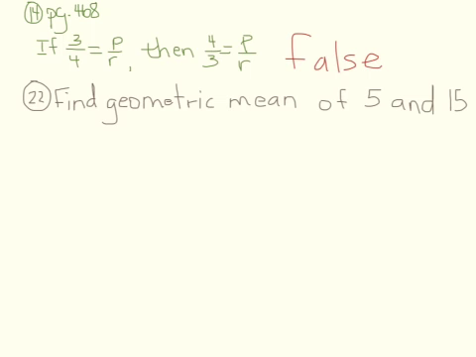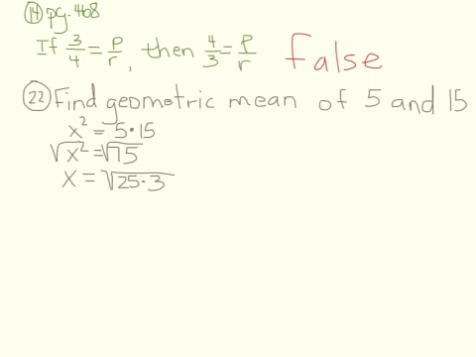Okay, on number 22, we're just supposed to find the geometric mean of 5 and 15. The formula for geometric mean is x squared equals your two numbers multiplied together, 5 times 15. Multiplying that together, I get x squared equals 75.